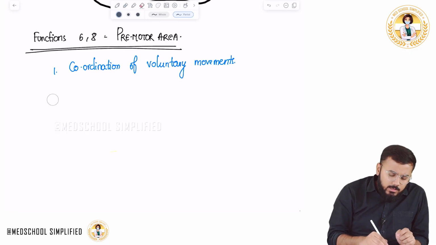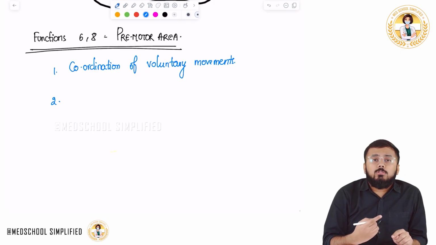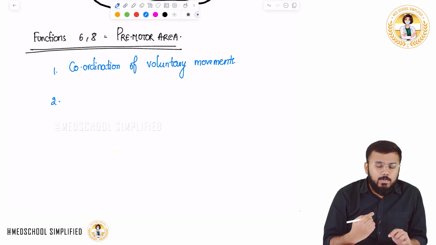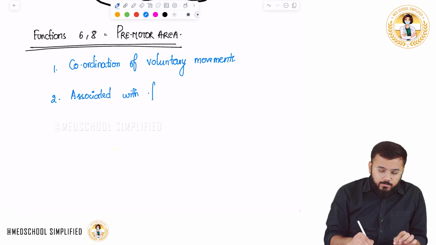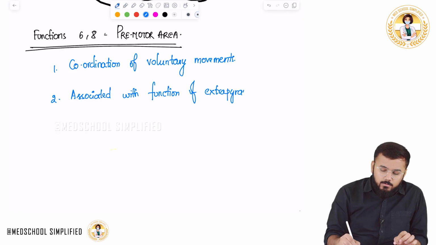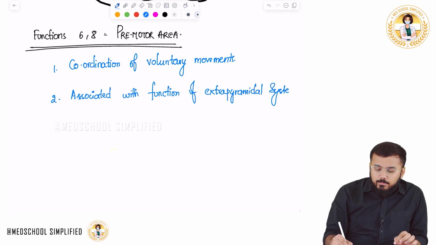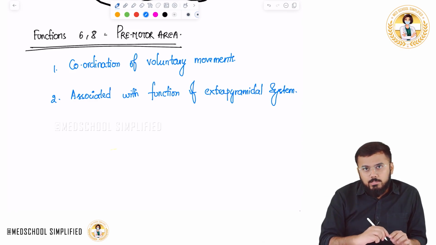Next, this particular area 6 and 8 is also associated with the functions of the extrapyramidal system.